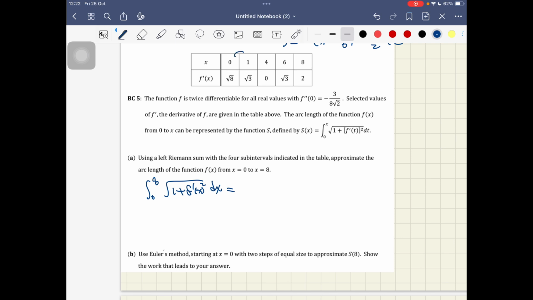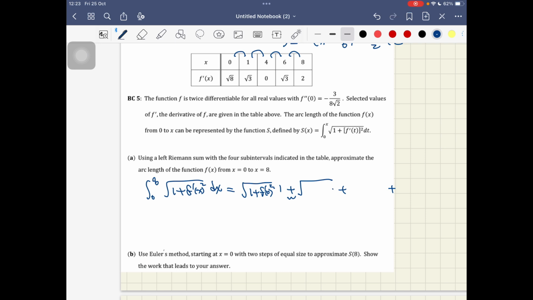The first intervals are 0 to 1, 1 to 4, 4 to 6, 6 to 8. The sizes are 1, 3, 2, 2, which is the change of x. So the change of x is 1 for the first one. Square root of 1 plus, because it's a left Riemann sum, f prime of 0 squared, plus and all this sum implies this integral.